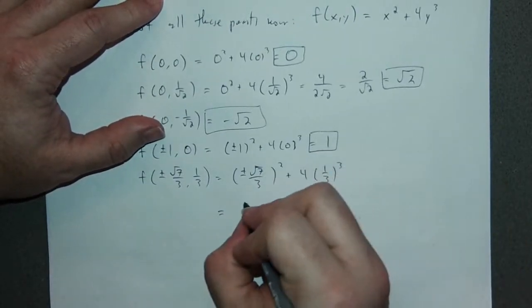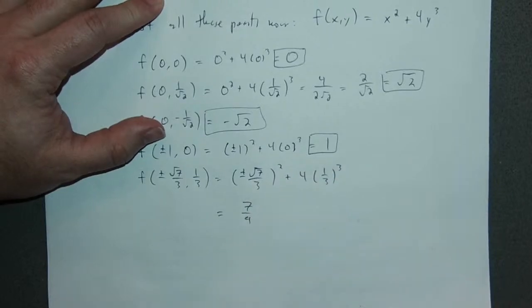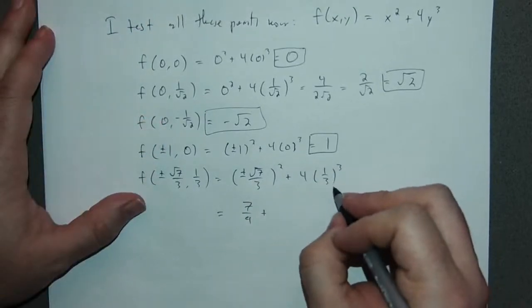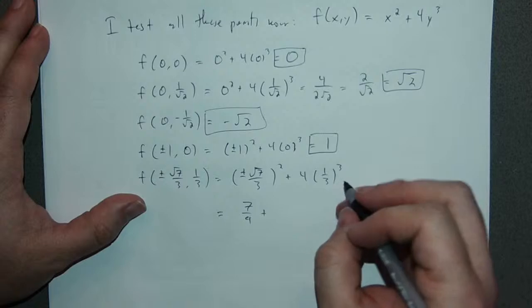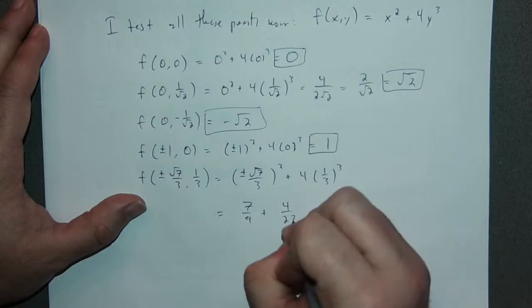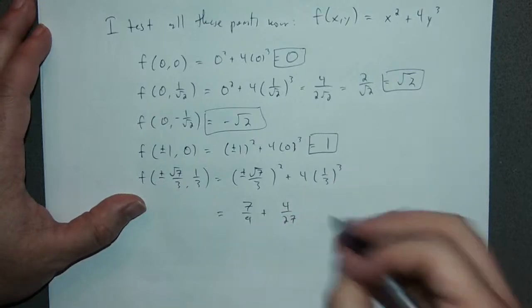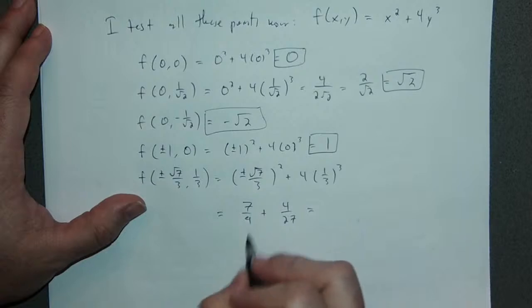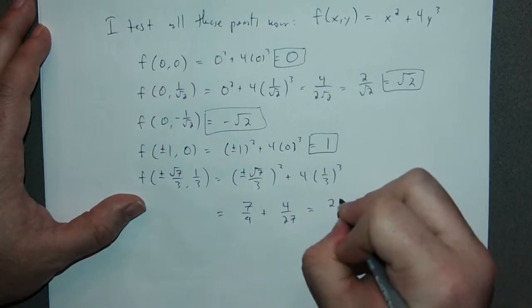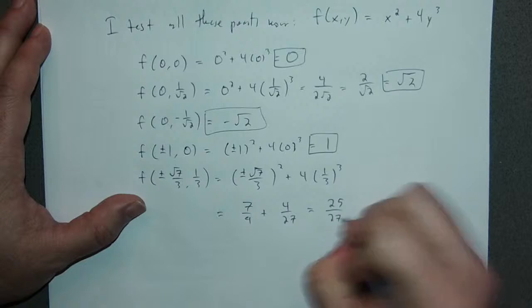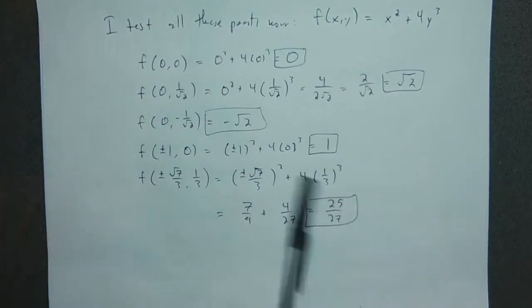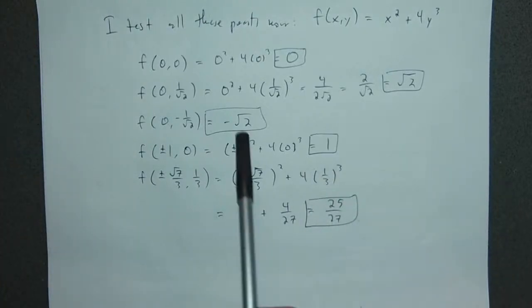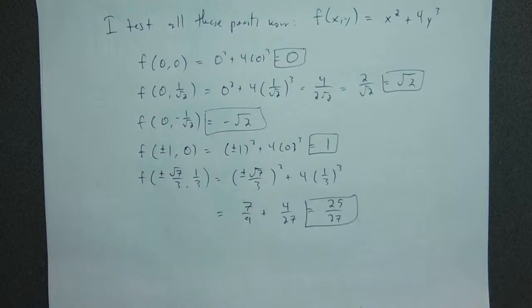This is 7/9, right, plus 4 times 1/3 cubed, which is 1 over 27. So this is 4/27. So this is 21/27 plus 4/27. This is 25/27, which is less than 1. So this can't be the max, and it's not as small as minus root 2, so it can't be the min. So this gets tossed out.